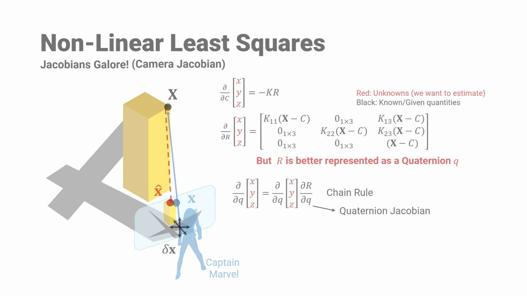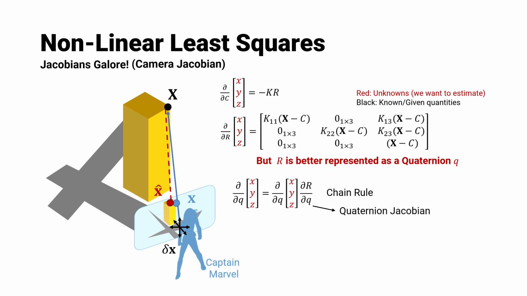So this is great. And what we can do now is we can utilize this Jacobian of the rotation matrix with respect to the quaternion and find the Jacobian of the geometric error with respect to the rotation quaternion. So let's first define the pose of the camera as the translation vector C and the quaternion Q. So it's 3 plus 4, 7 parameters in total.